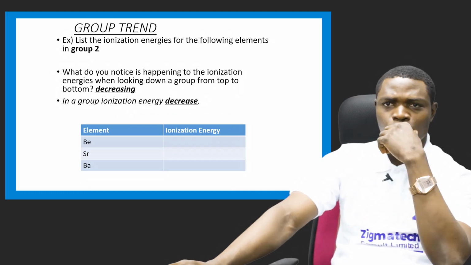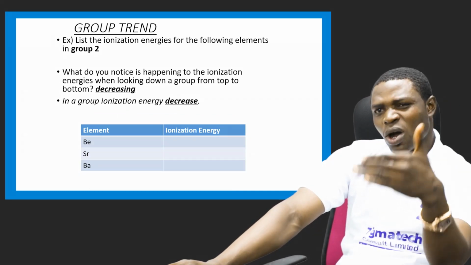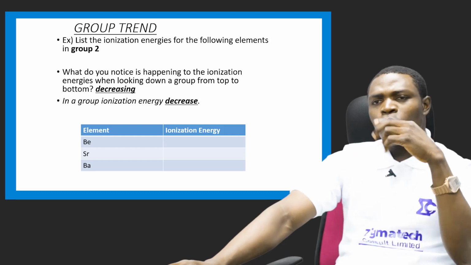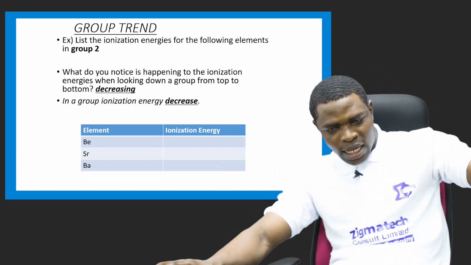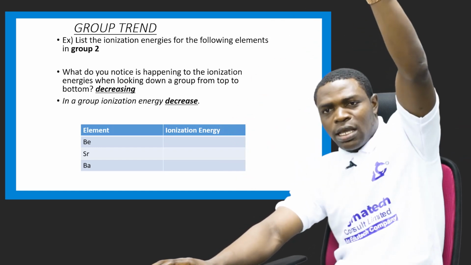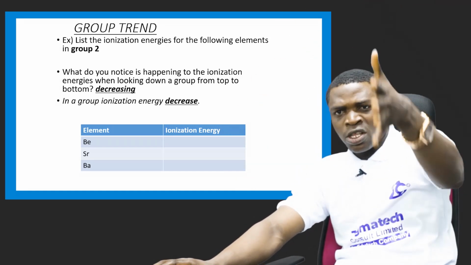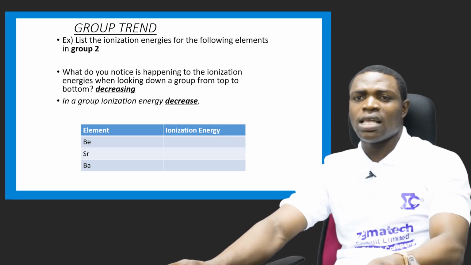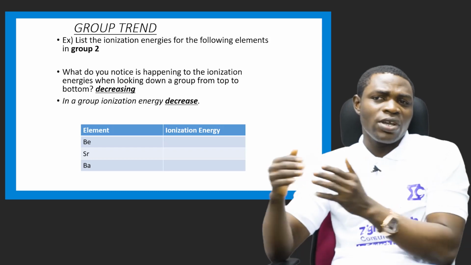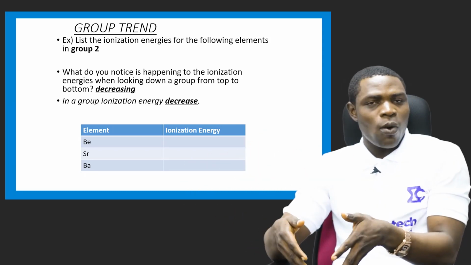Now let's look at the group. Now look at the trend. We talked about lithium, boron, fluorine, that is across the period. Now look at beryllium, strontium, and barium. Going down the group, the ionization energy, instead of increasing, decreases. And why?